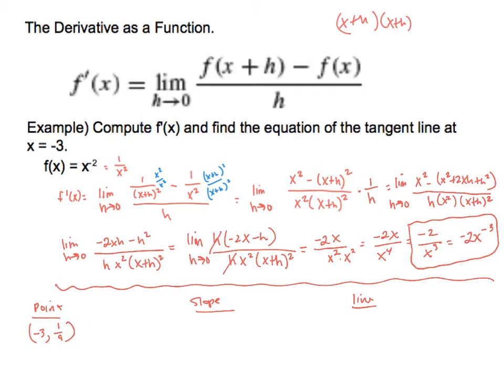Slope is the derivative with the negative 3 plugged in, which is 2 over 27. And line, pull it all together. y minus 1/9 equals 2 over 27 times x minus, x plus 3 is what I should have written.